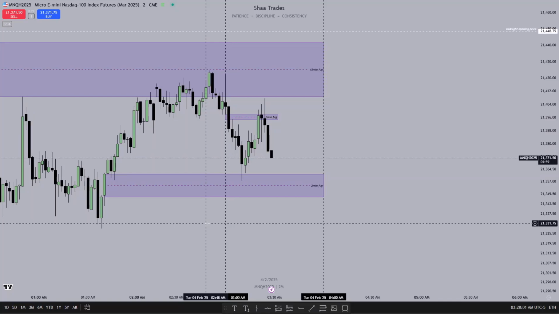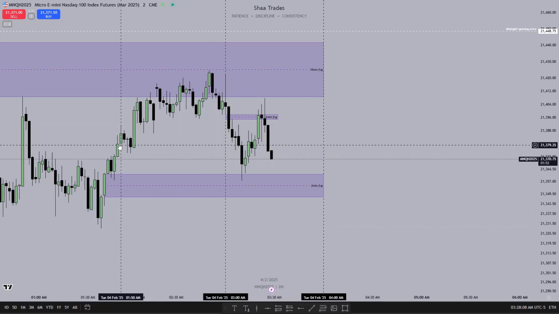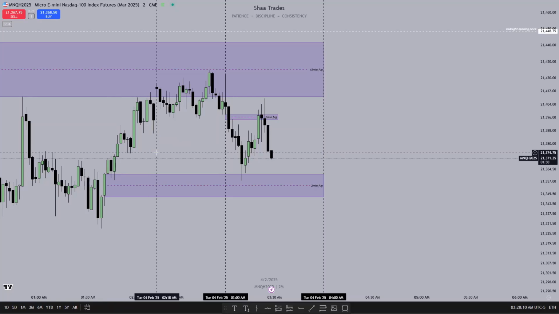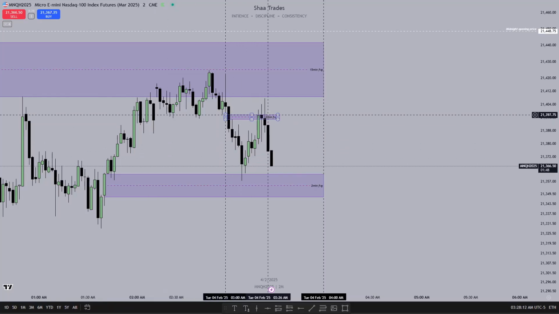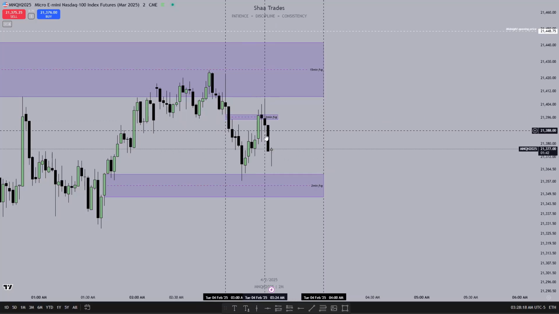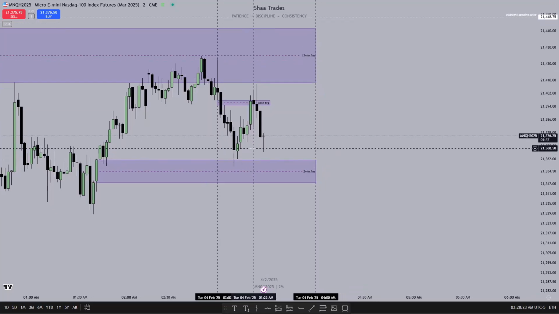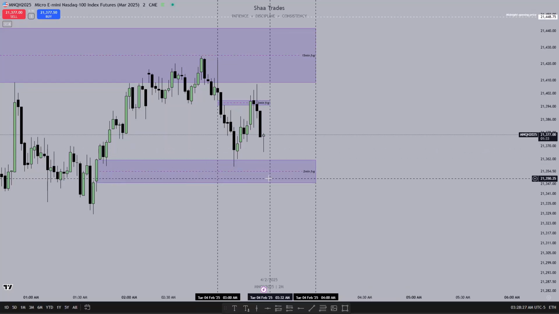Right now I'm just reading price action, see what price wants to do. After breaking this 2-minute, made it inverted, then went back up to this 2-minute fair value gap. Now price is being supported there, sending price back below here. So now I want to see actually price break this 2-minute fair value gap here.